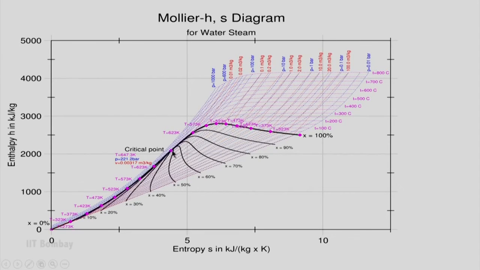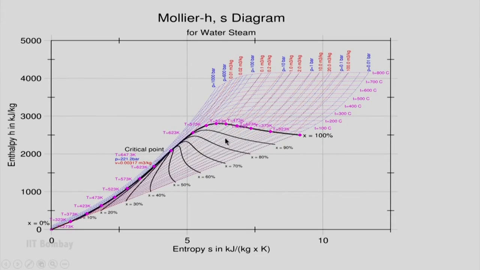So, I have all the information available on the saturated liquid line and saturated vapor line. Also, what you can directly see are the different constant dryness fraction lines: x equal to 10%, 20, 30, 40, 50, 60, 70, 80 and 90, and in between these you can interpolate.